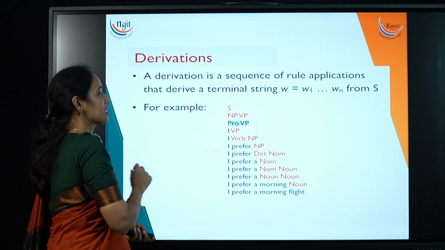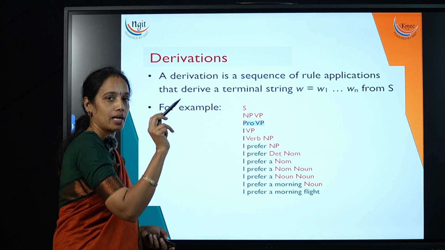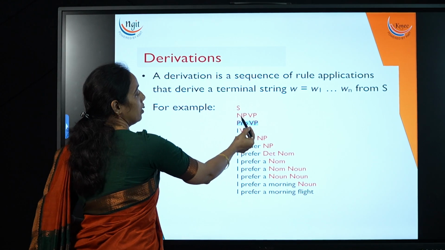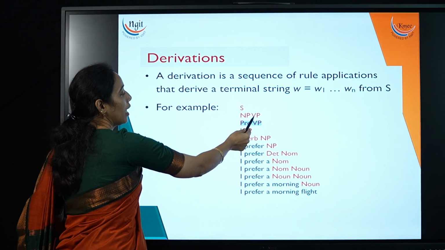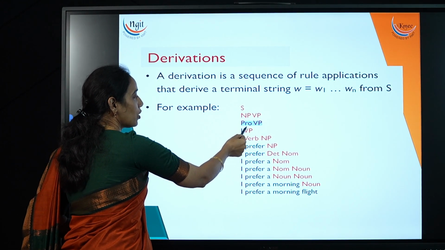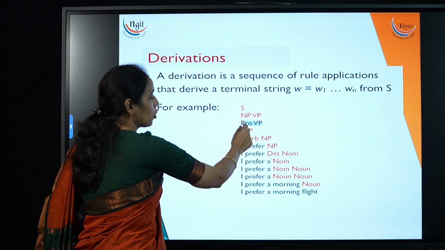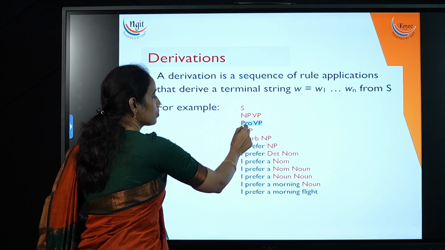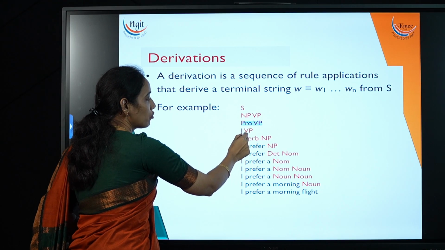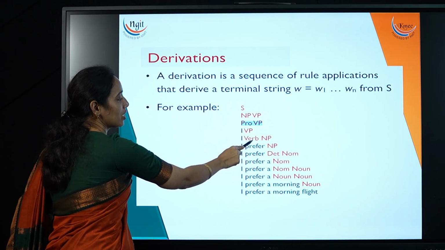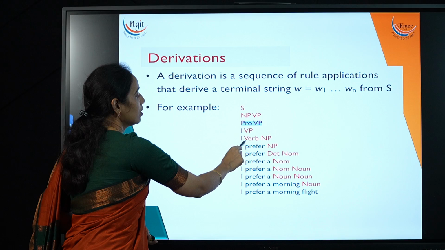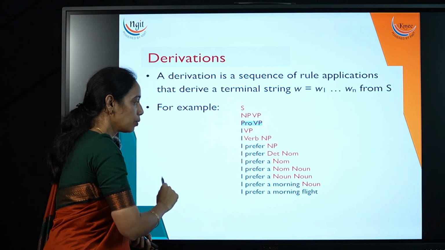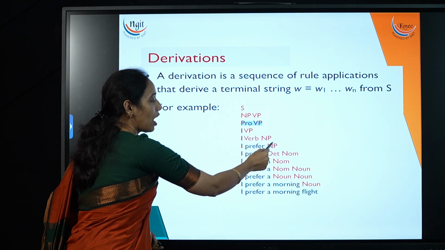If you take an example, a particular start symbol, sentence, will be followed by noun phrase and verb phrase, and this can be further derived as pronoun and verb phrase, and here this pronoun is I. Then the verb phrase is converted as verb and noun phrase. That verb may be prefer, then we still have a noun phrase.